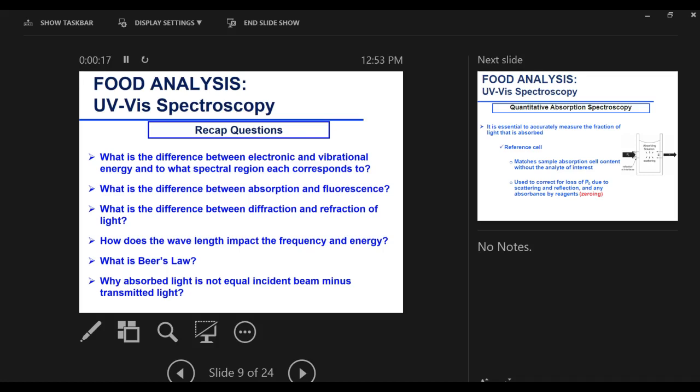Without looking at your notes, what's the difference between electronic and vibrational energy, and to what spectral region does each correspond? Everybody, don't look at your notes. Sophie?